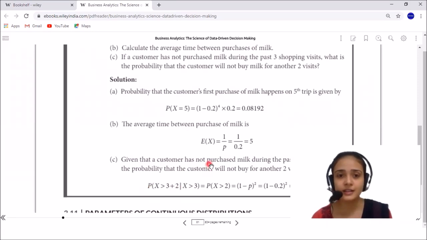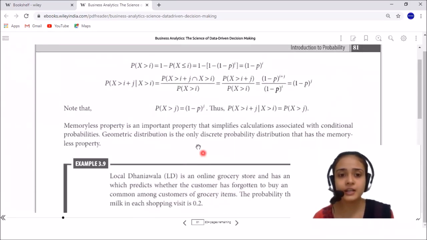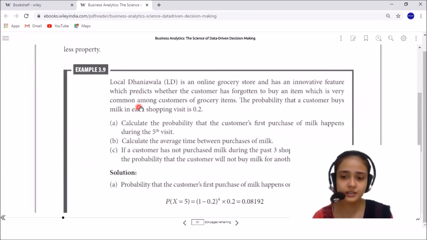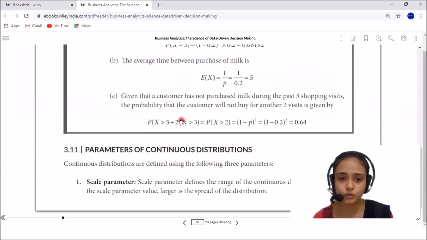So what is this? This is the formula of the memoryless property of the geometric distribution. That is this one, that is i plus j given x is greater than i. So the formula of that is 1 minus p raised to j. What is j over here? For us, the j is 3 plus 2. So 2 will be our j. So my formula is like this. That is 1 minus p raised to 2. So just put the value of p and you will get the answer as 0.64.